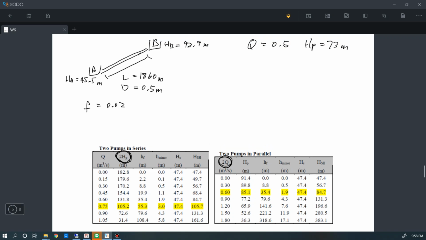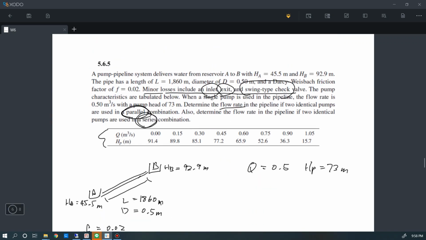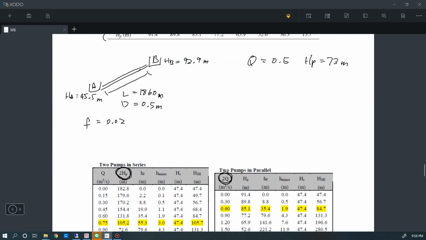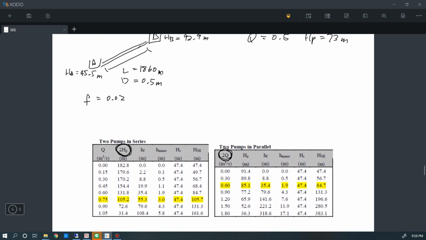And because here we need to consider the inlet, exit and other minor losses, the summation of those K, which is the minor losses coefficient, is equal to KE plus KV plus KD.